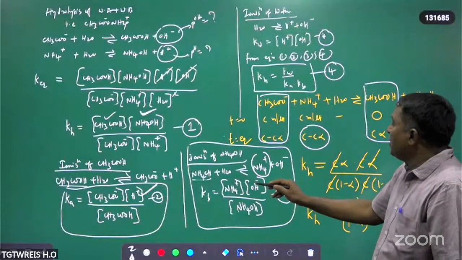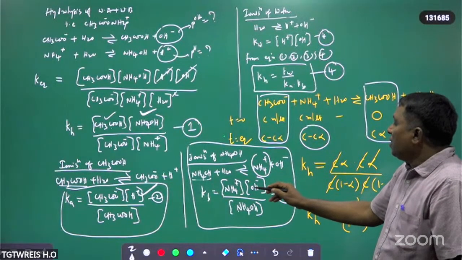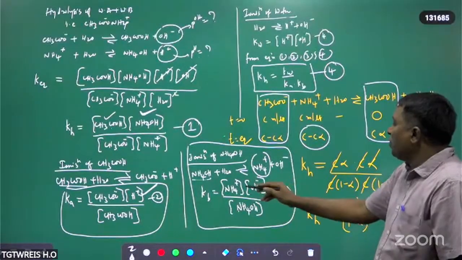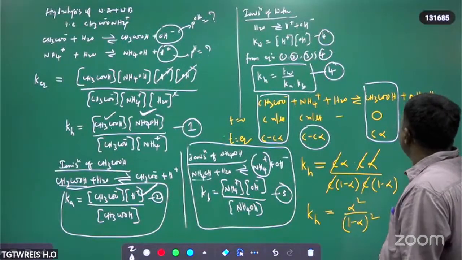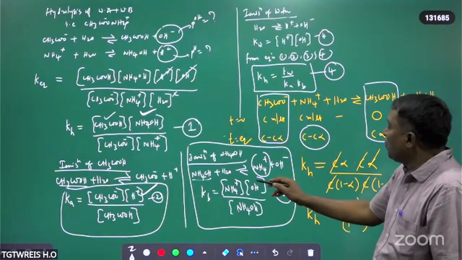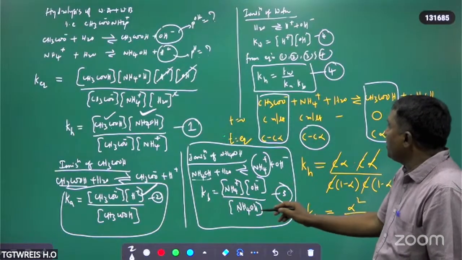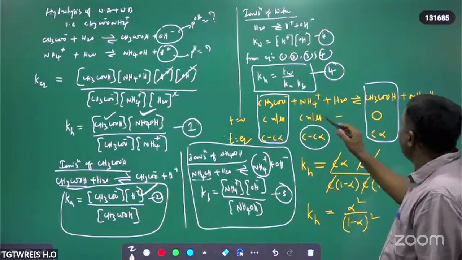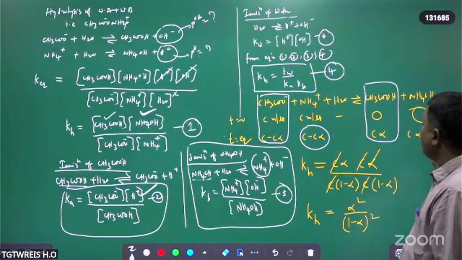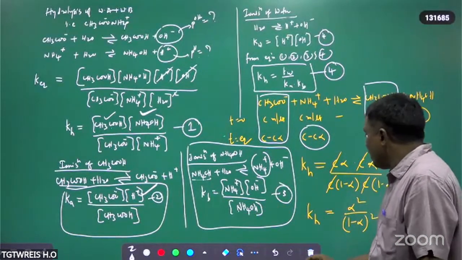You place C minus C alpha at NH4 plus concentration. OH minus ion concentration is what we have to find. NH4OH is C alpha. So here we have C alpha.